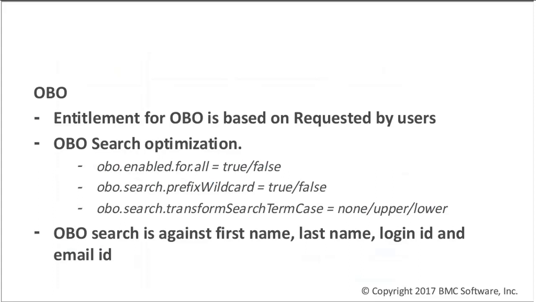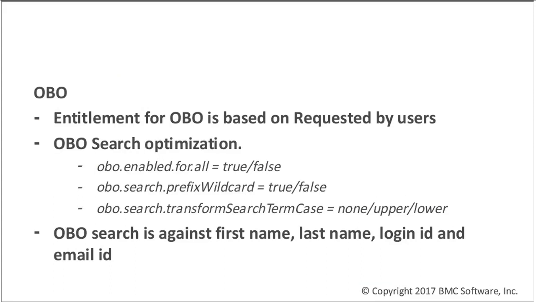So let's say I log into digital workplace and want to submit an on behalf of request for my colleague, then whatever request that I am entitled to, I will be able to submit an on behalf of request.